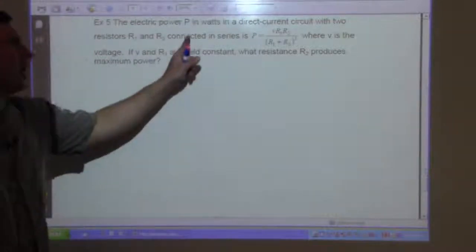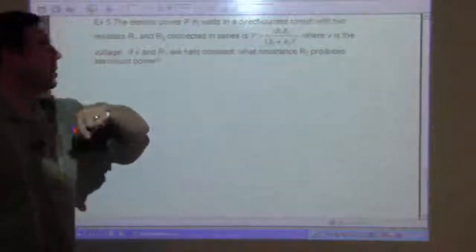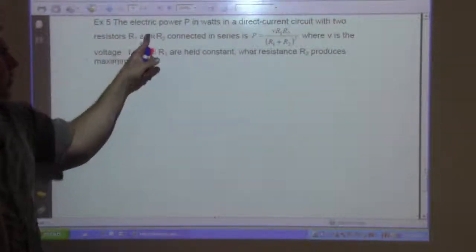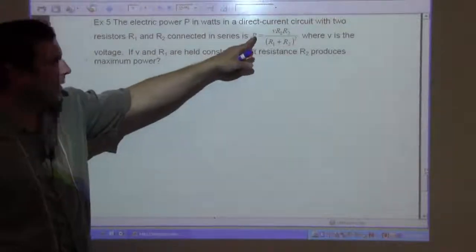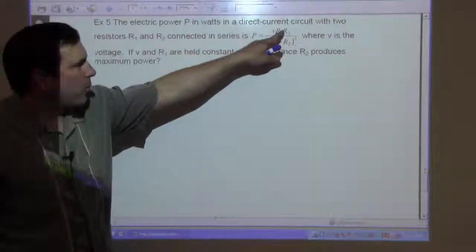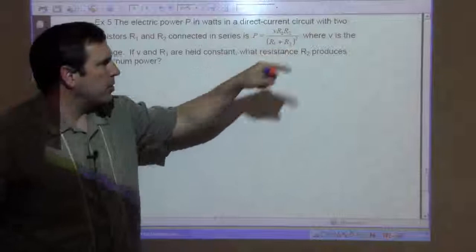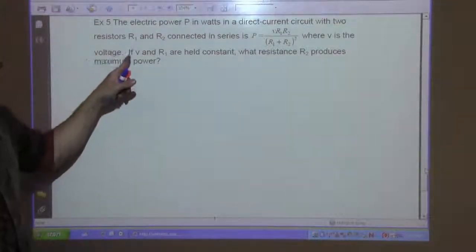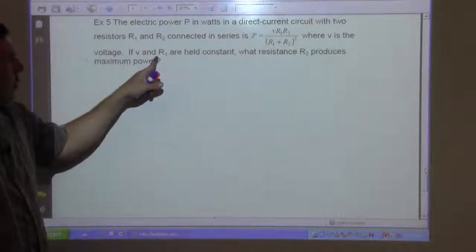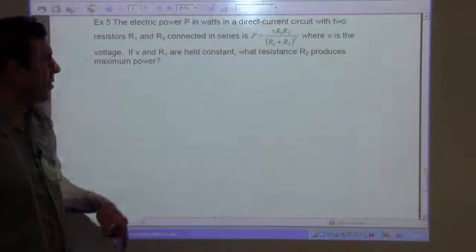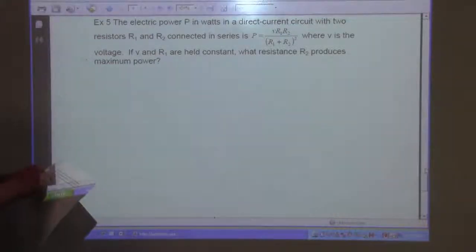The electric power P in watts in a direct current circuit with two resistors R1 and R2 connected in series is P equals V times R1 times R2 over R1 plus R2 squared, where V is the voltage. If V and R1 are held constant, what resistance R2 produces the maximum power?